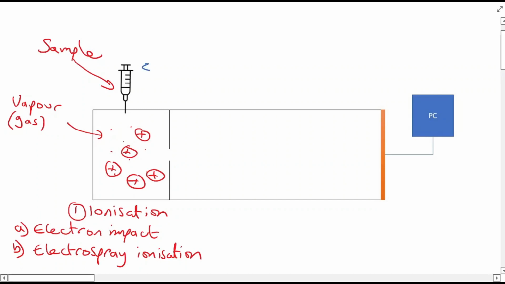So stage 2 up here is called acceleration. And acceleration takes advantage of the idea that we've made all these positive ions. Because what we have is a metal plate. Here's my metal plate here, and it's got a hole in the middle of it. And the metal plate is negatively charged.